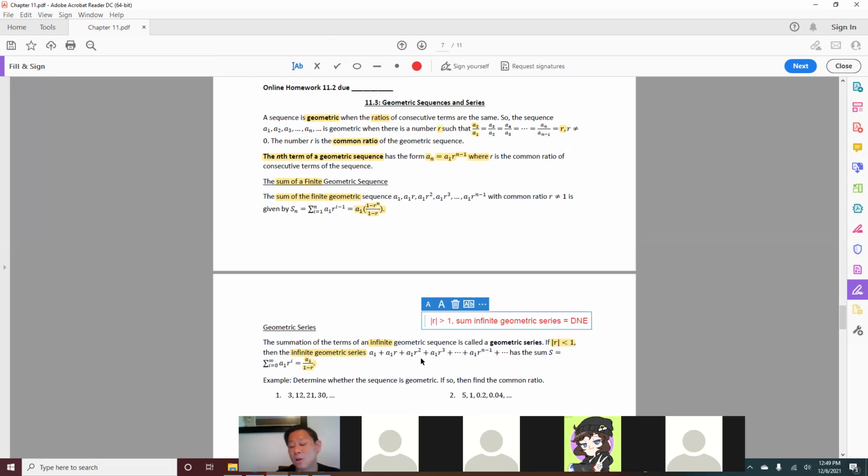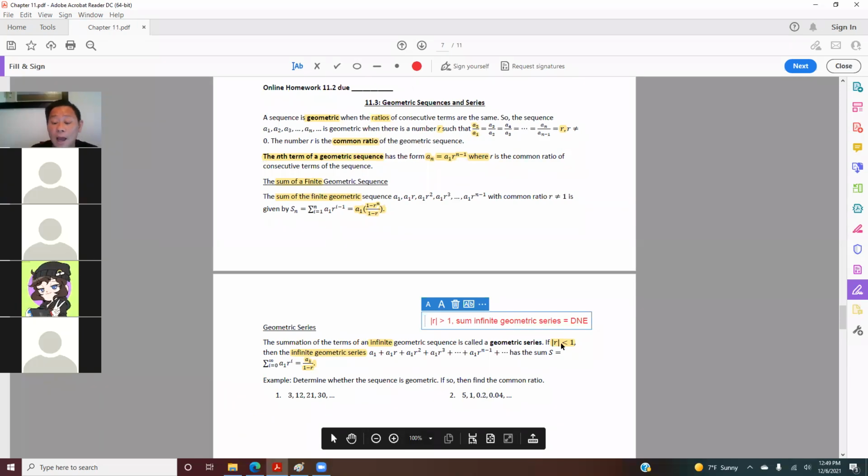But if the absolute value of r is less than 1, then the sum of a geometric series in this case is a1 over 1 minus r.